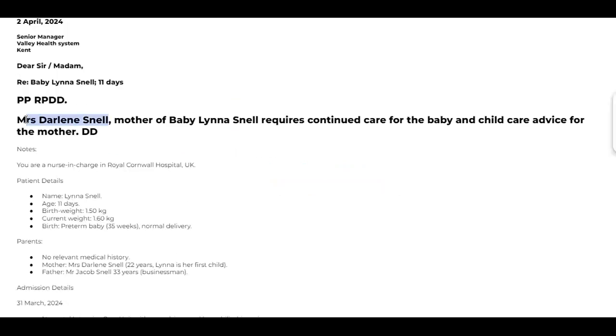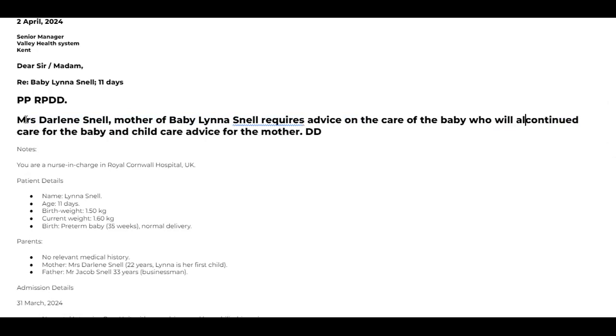Mrs. Darlene Snell, mother of baby Lina Snell, requires advice on baby care, advice on the care of the baby who will also require, oh, that's a bit complicated one.